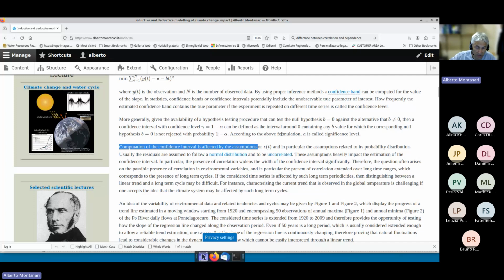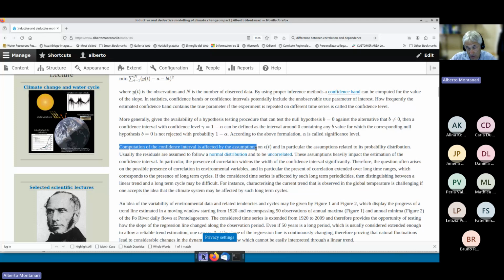I'm not interested to discuss it here because it would make my treatment even more complicated. I think it's already very technical, so I don't want to get into details. So let's just focus on the concept. Computation of the confidence interval is affected by assumptions.